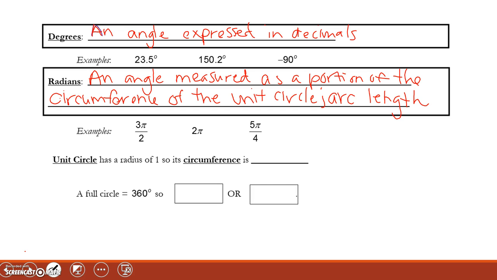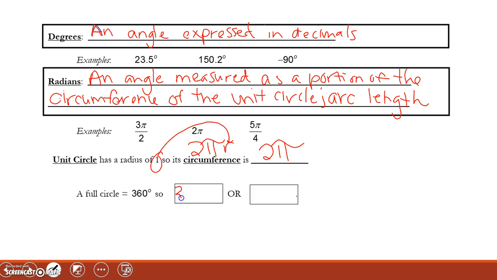And so I'm going to show you how these old guys came up with the conversion. So a unit circle has a radius of 1, so the circumference. If you have forgotten, circumference is 2 pi r. That's the formula. And so if the radius is 1 and I plug 1 in for r, the circumference of a unit circle is 2 pi. And we also know that a full circle is 360 degrees.